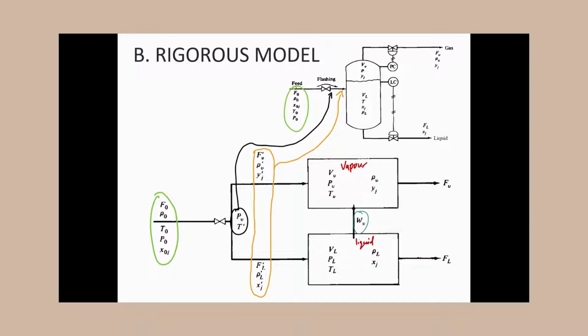Then there is a line connecting the liquid to the vapor, which is called WV. WV is the rate of evaporation from liquid to vapor.